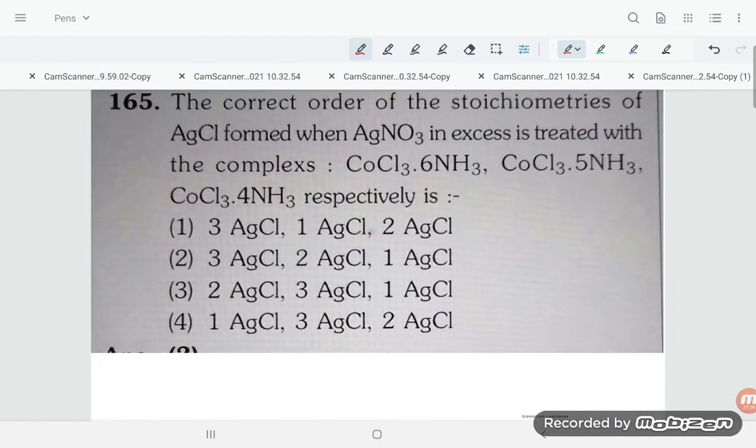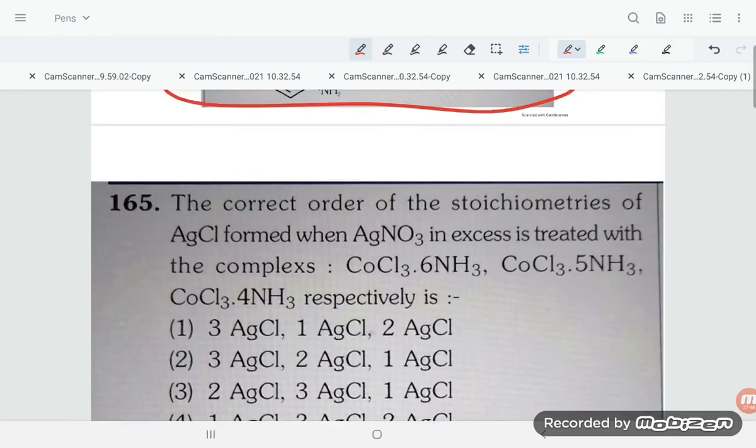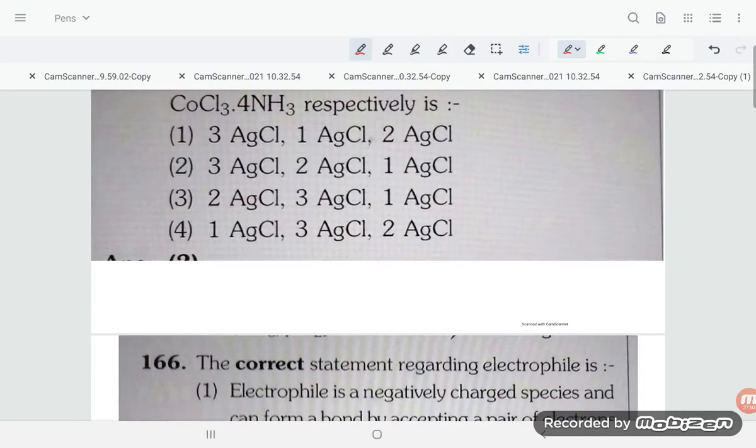See this one: the correct order of the stoichiometries of AgCl formed when AgNO3 is in excess is treated with the complexes CoCl3·6NH3, CoCl3·5NH3, and CoCl3·4NH3. Let us try to solve this problem, students.